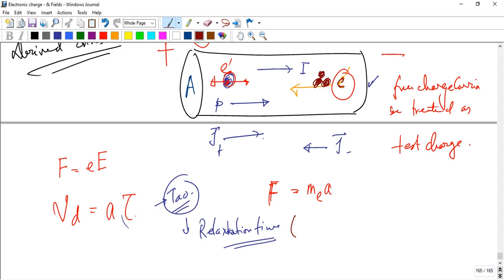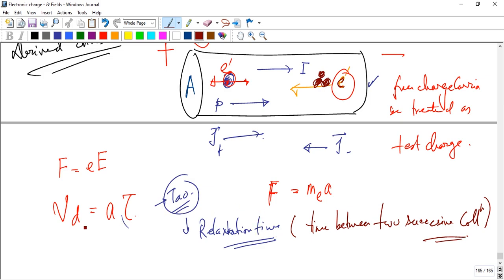That time is very small, of the order of 10 to the minus 12 or minus 10 seconds. The time between two successive collisions is called the relaxation time.